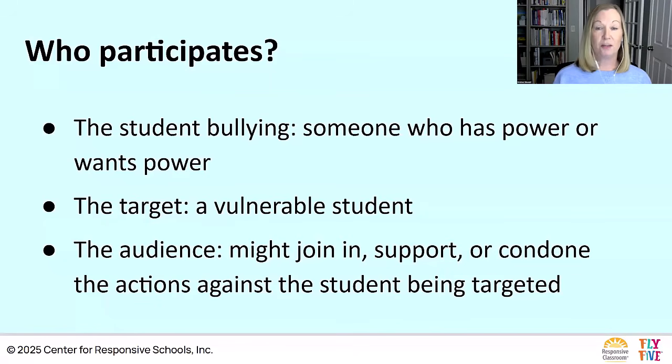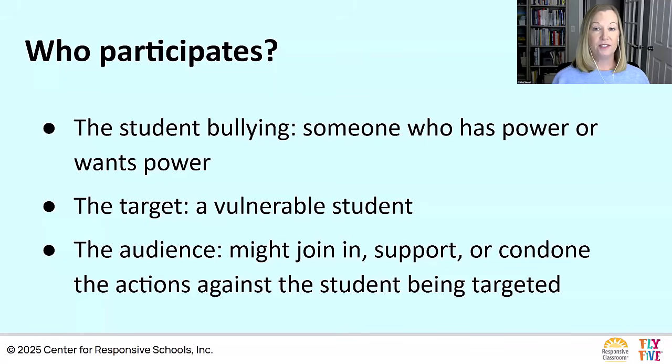Also, when we're talking about bullying, we have a target of the bullying, and that is a vulnerable student. So all children can be bullied, all adults, all people actually are subject to bullying, but some are more frequently targeted than others. So children who are shy or less assertive or maybe lack the ability to protect themselves can be especially vulnerable.